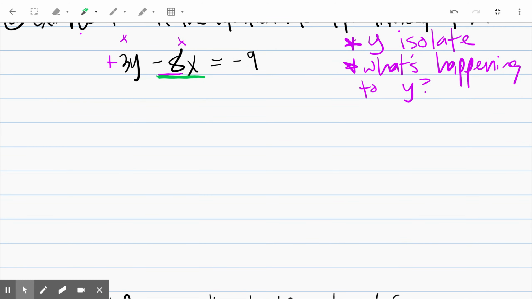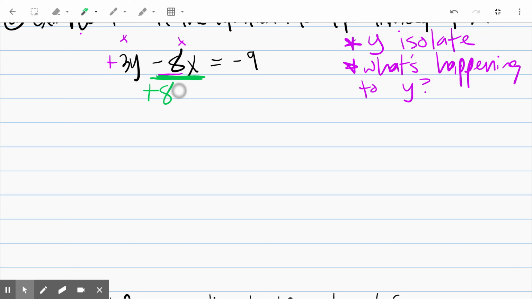So in this case, 8x is being subtracted from 3y. So we want to get rid of that term first. Again, we're going to use inverse operations. Since it's being subtracted, we're going to add 8x to both sides.